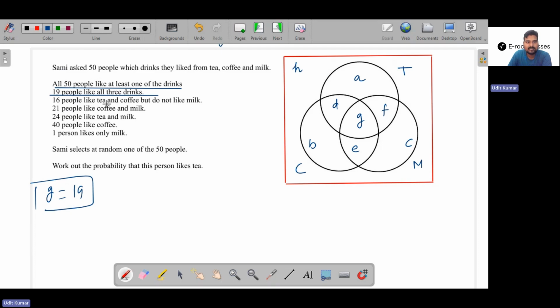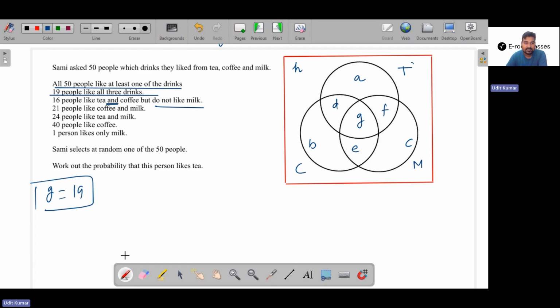Now, 16 people like tea and coffee. This word is important: it says 16 people like tea and coffee, but do not like milk. And represents intersection, which represents common. What is common between tea and coffee? The common between tea and coffee is D and G. But it is already mentioned, do not like milk.